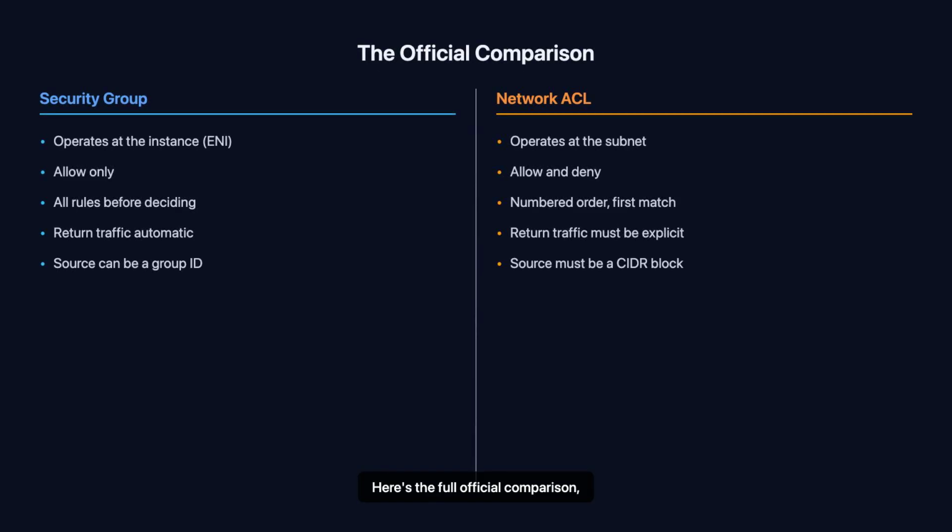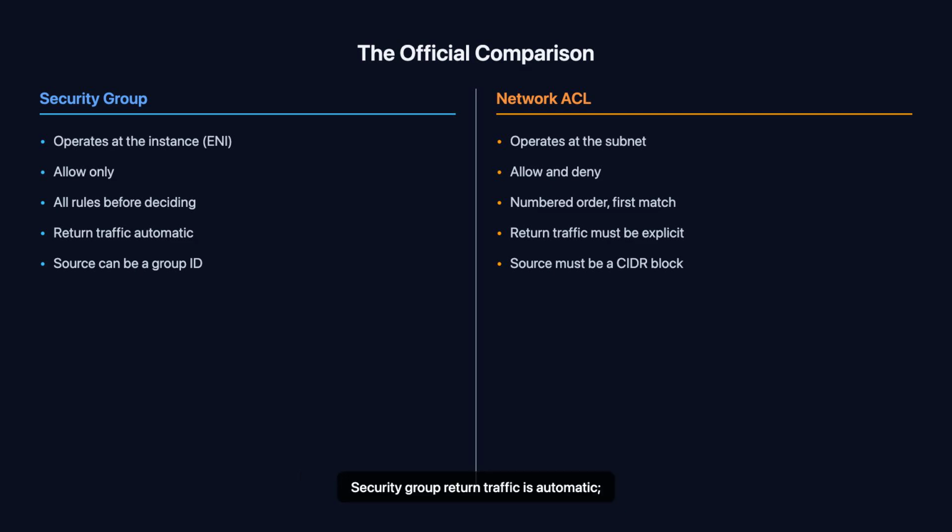Here's the full official comparison, and it's worth pausing on if you want it burned in. Security group operates at the instance, NACL at the subnet. Security group is allow only. NACL does allow and deny. Security group weighs all rules before deciding. NACL takes them in numbered order. First match wins.